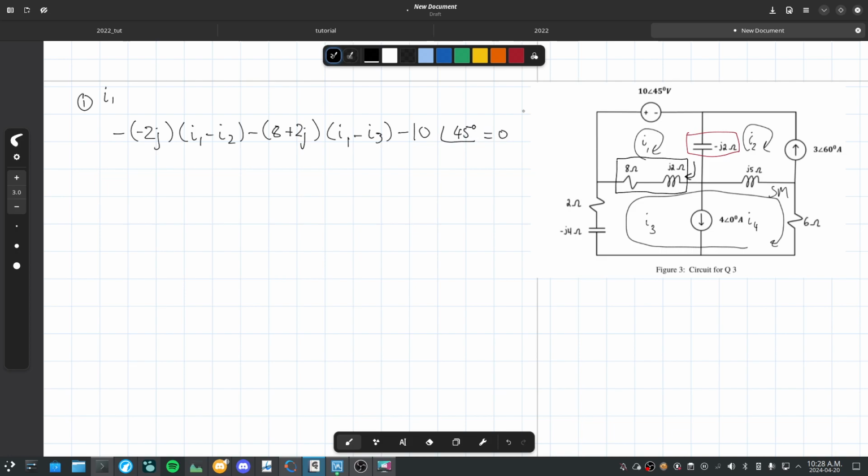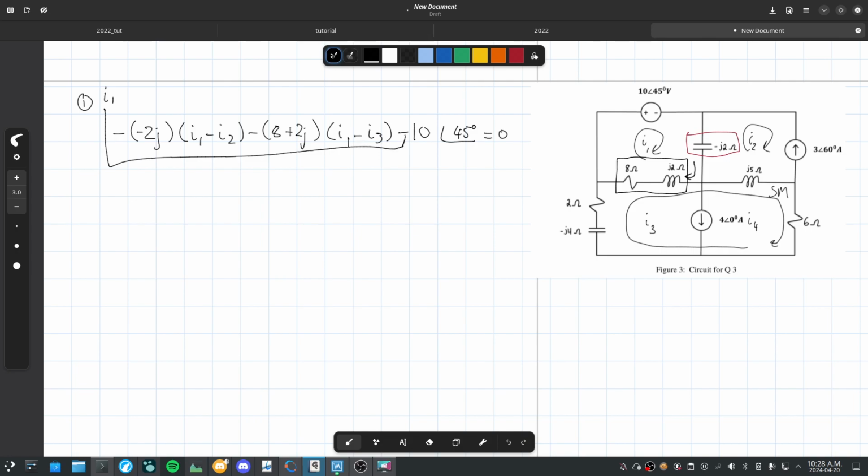This was a mistake I made in the previous recording. I had flipped all of these signs to be pluses. This isn't like passive and non-passive mode. This is how you do mesh analysis when you're coming out of the negative end of a voltage source. It's all going to be negative.